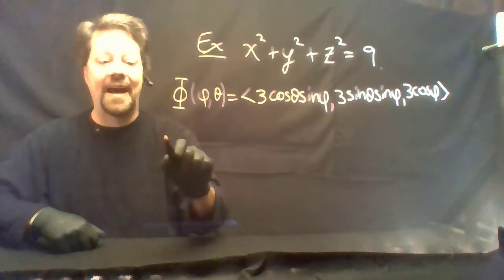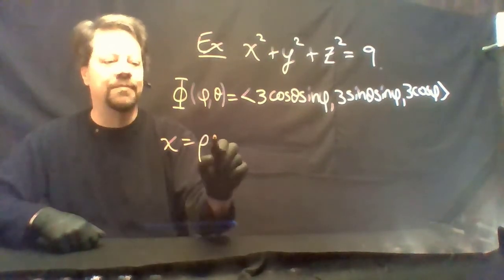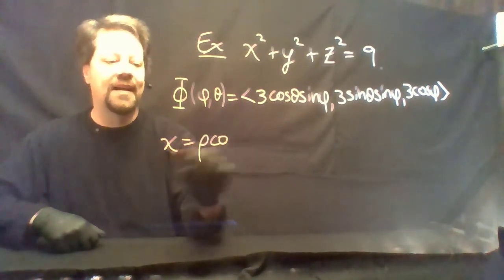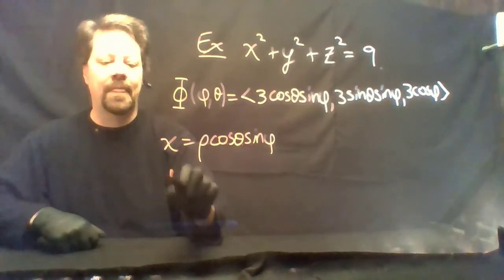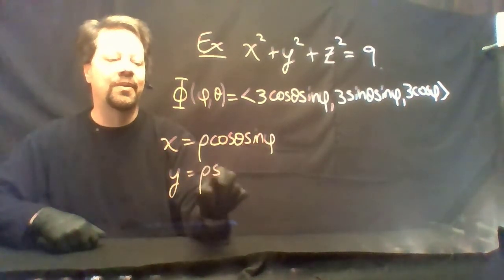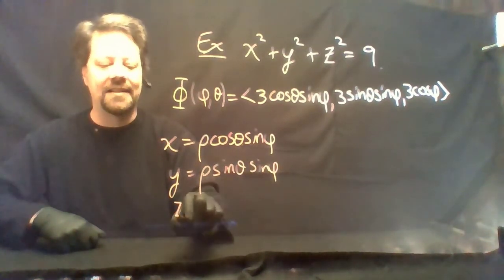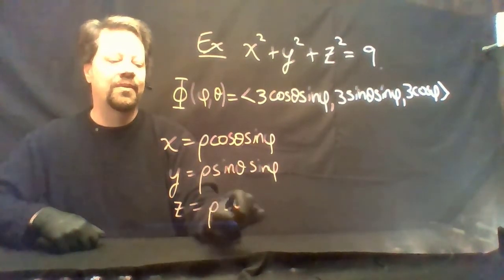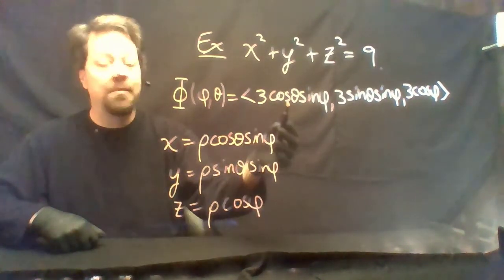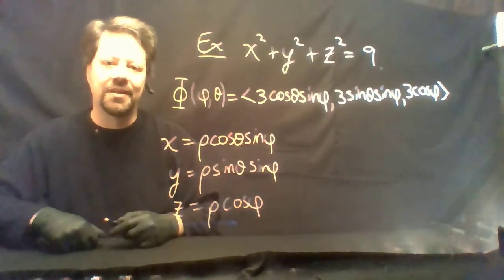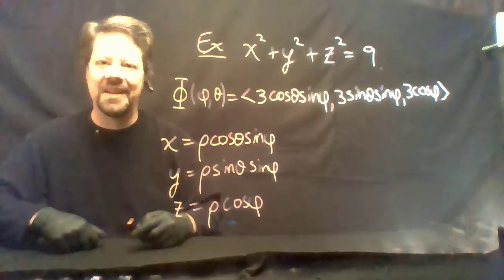You'll remember I asked you to memorize these formulas, the conversion between spherical and rectangular. X is rho cosine theta sine phi, y is rho sine theta sine phi, and z is rho cosine phi. To formulate this parameterization of the sphere, all I had to do is replace rho with 3.